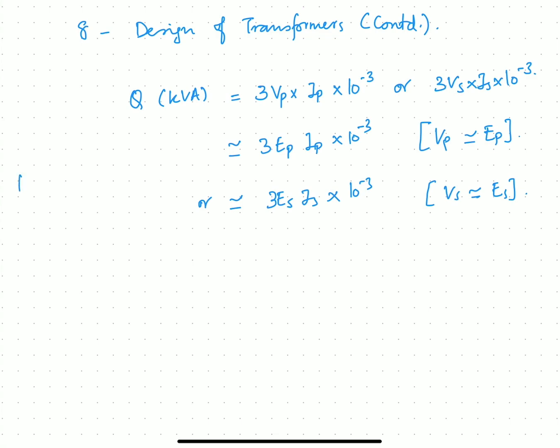The suffix P refers to primary, suffix S refers to secondary, V and E are the voltages, and I is the current. These symbols carry the usual meanings.